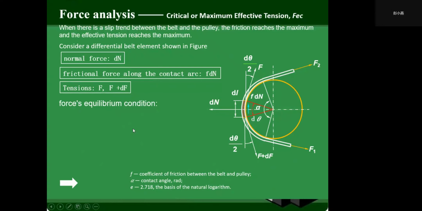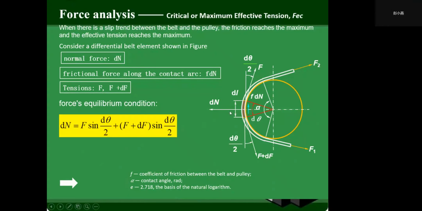From force equilibrium conditions, the total force in the horizontal direction is 0.